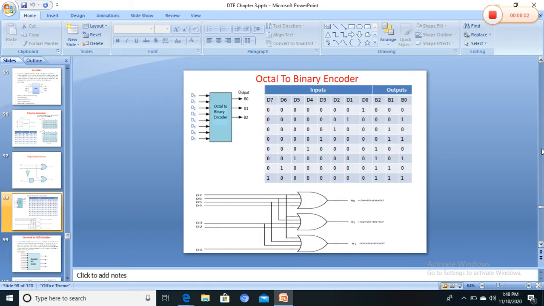In this diagram there is one change for B0, the sequence here is wrong.